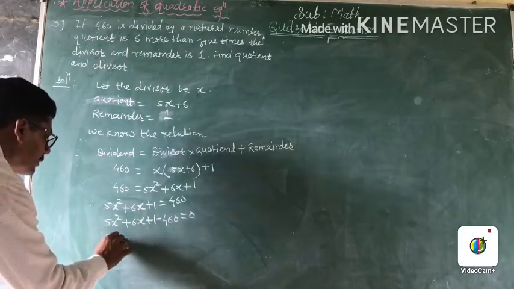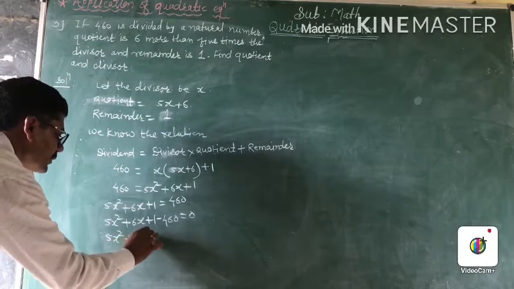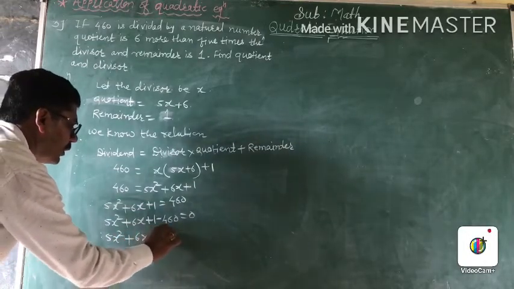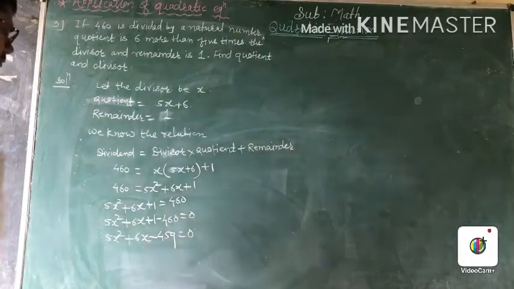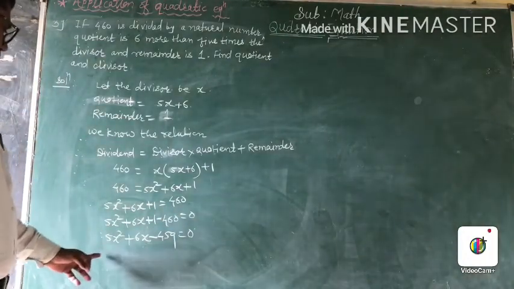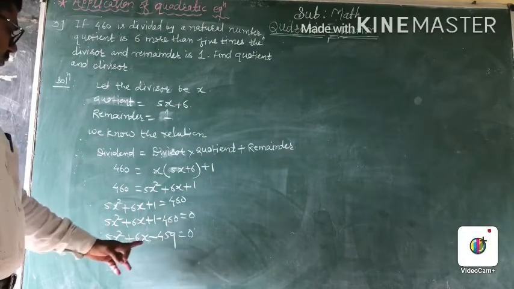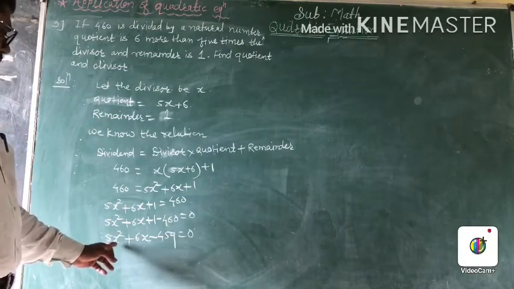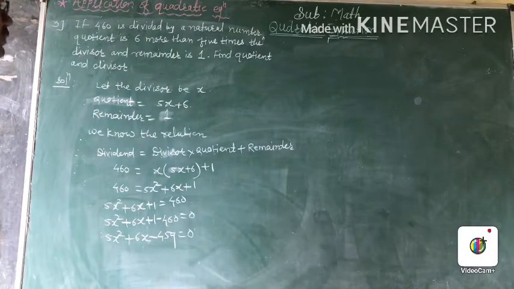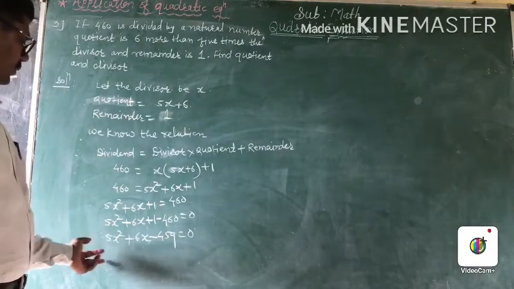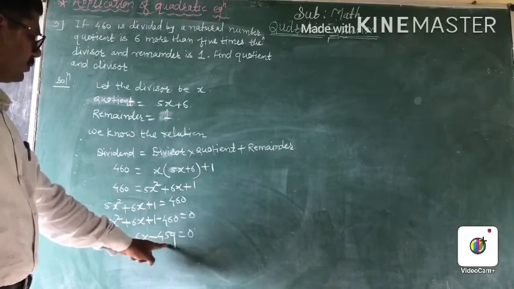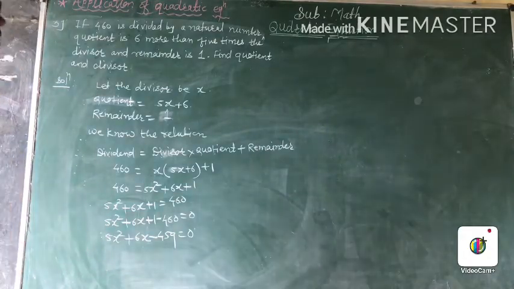Therefore 5x square plus 6x minus 459 is equal to 0. This is a quadratic equation. Now there is no simplification; you cannot divide all the terms by 5. Solve this by finding the factors of 5 into minus 459.